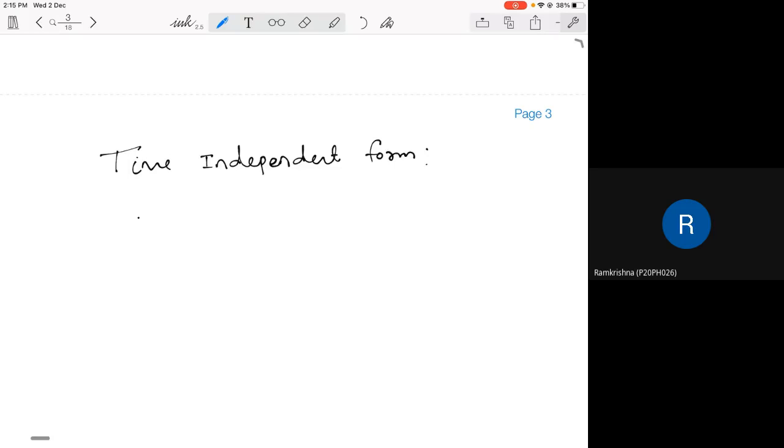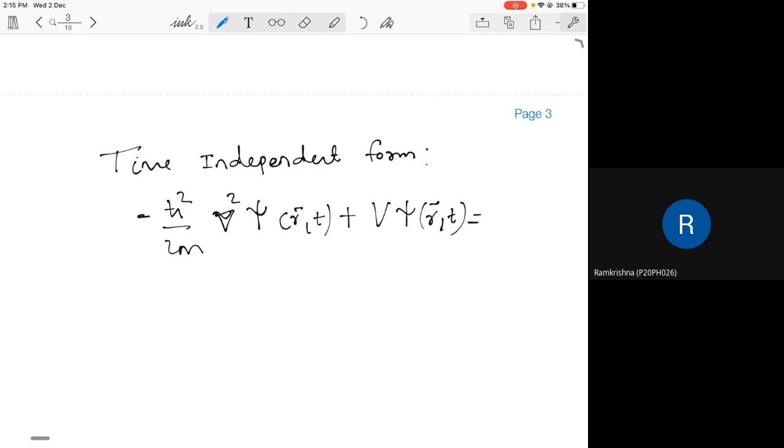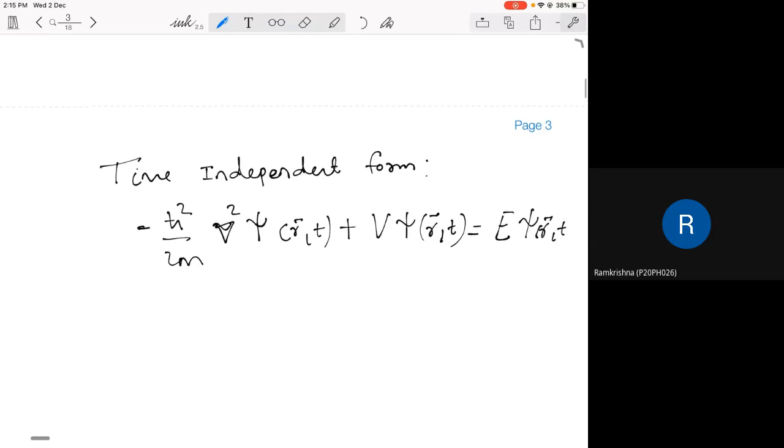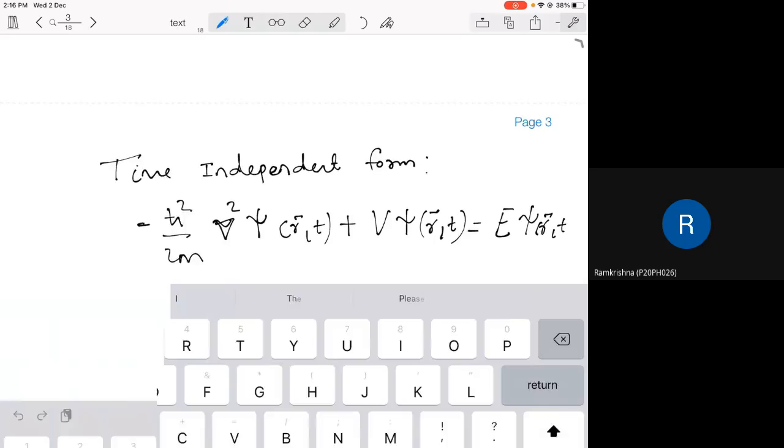I write it down like we did before: del square psi(r,t) plus V psi(r,t) will be equal to E psi(r,t). So you can write it down in a time independent form. That means here instead of psi(r,t), I should not write psi(r,t) anymore.